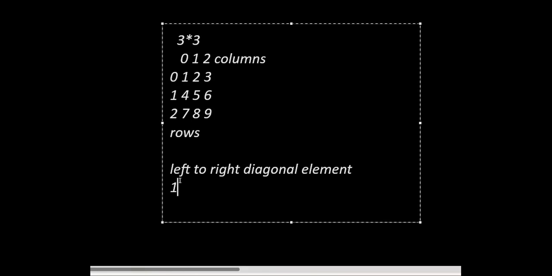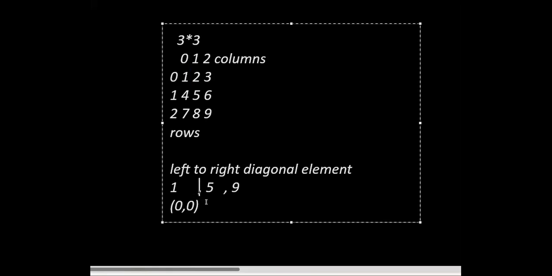Let us write them. So 1, 5, and 9. So now let us see. Let us find these elements by using indexes. So how do I find 1? So 1 is present at 0th row and 0th column. I just written like that.